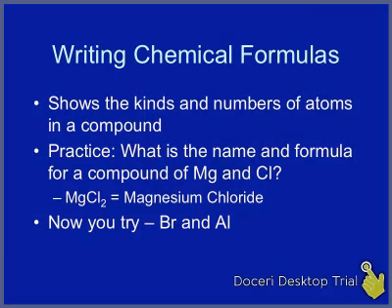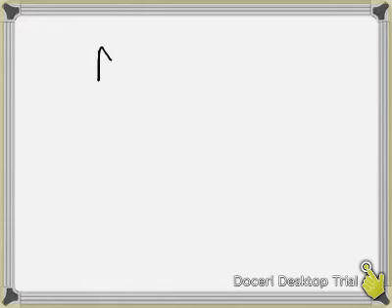So the easiest way that I always tell you guys to do is write down the ion form. So, okay, write down magnesium. Then you write down chlorine. Then you use the periodic table to determine their charges.